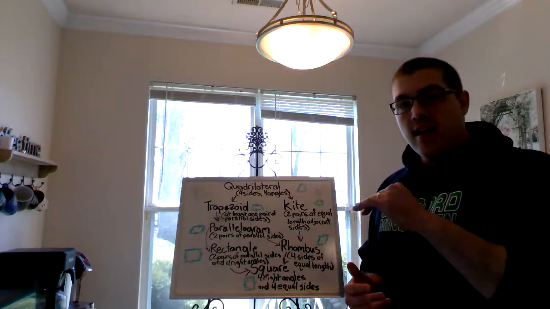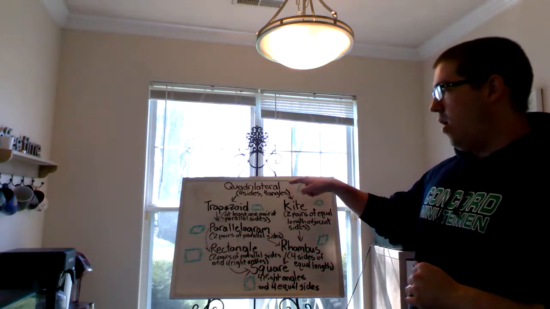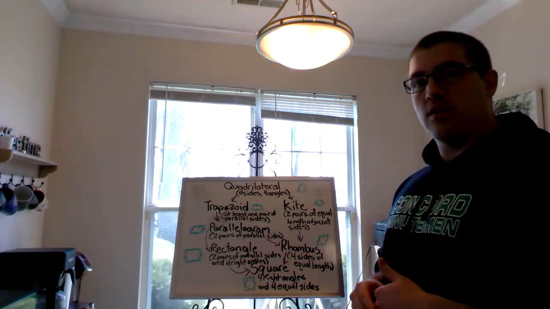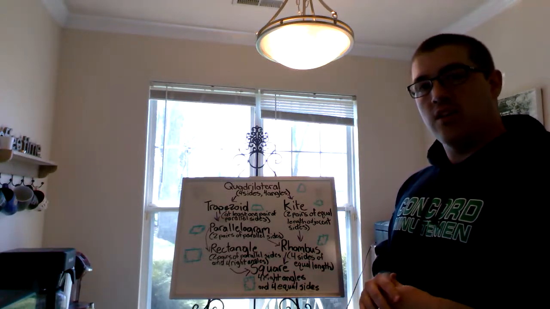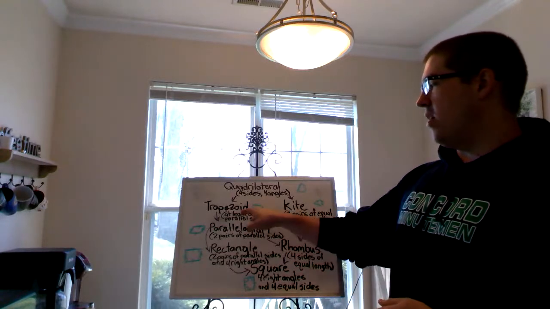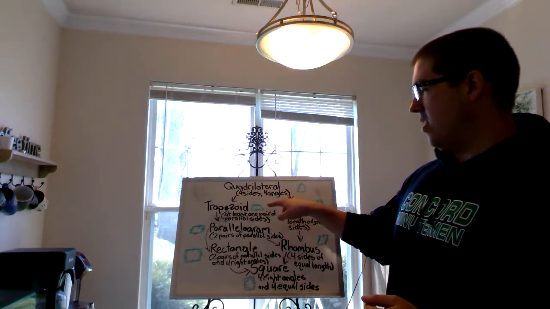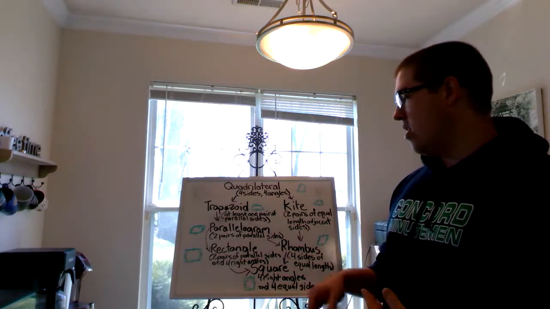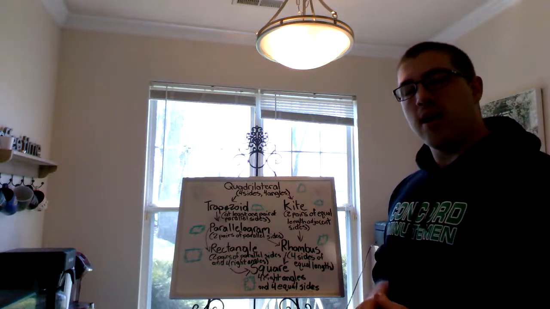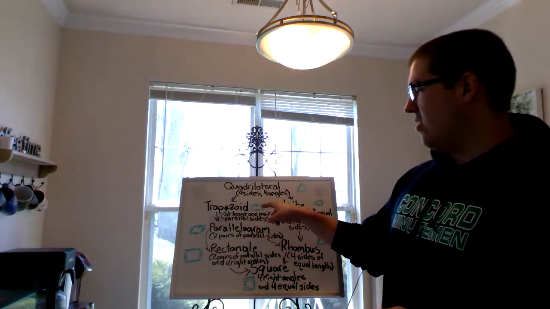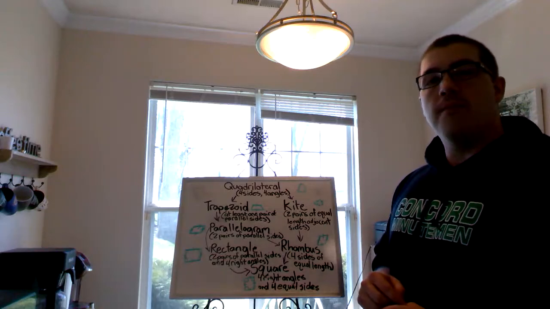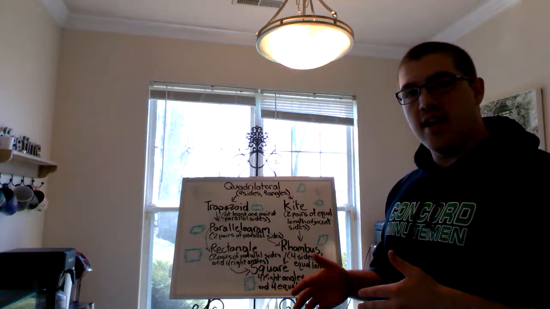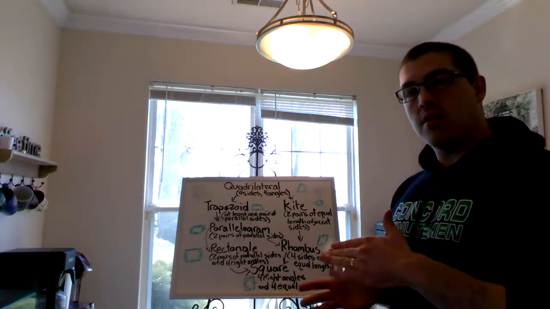Now we can add a layer onto what a quadrilateral can be classified as. There are other four-sided shapes we can use based off the properties. A trapezoid is going to look like this a lot of the time. It's going to have four sides, four angles, but also at least one pair of parallel sides. You can see the little arrows on the shape showing the parallel sides, or lines that will never cross.